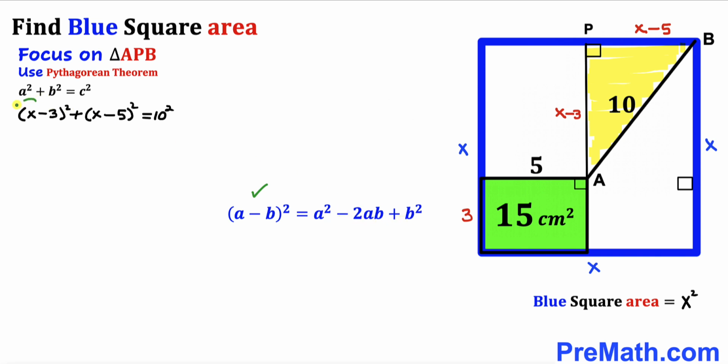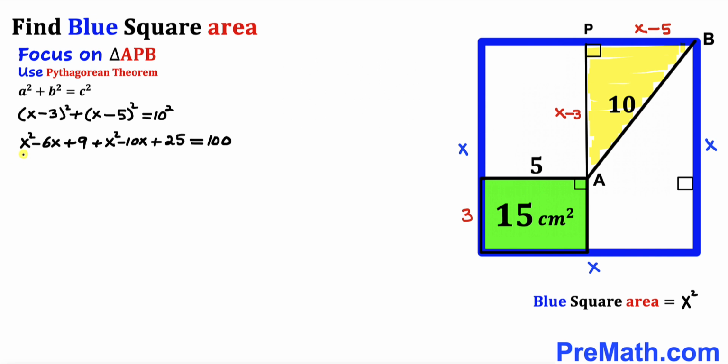I am going to apply it on both of these binomials on the left hand side. So the first binomial is going to become x square minus 6x plus 9, plus the next one is going to be x square minus 10x plus 25 equals 100.